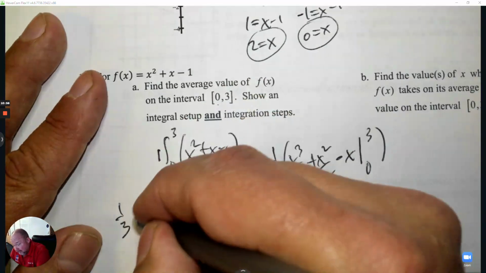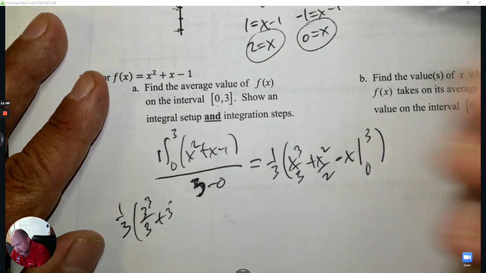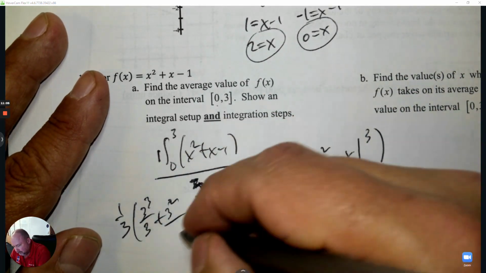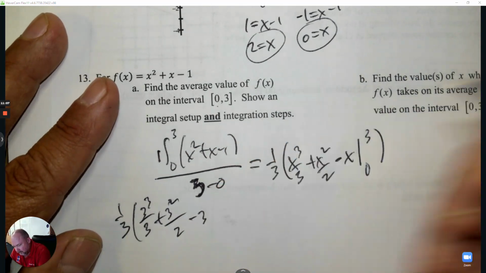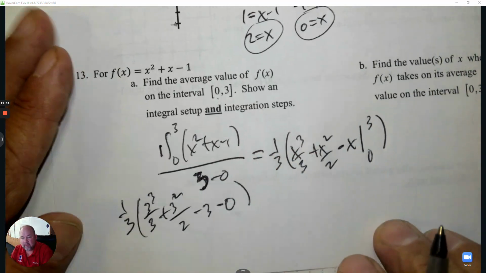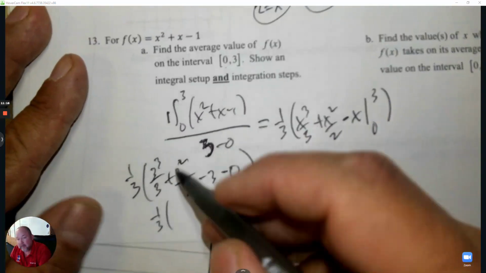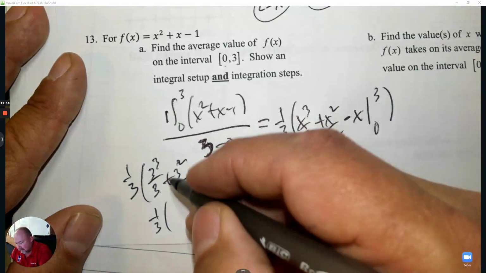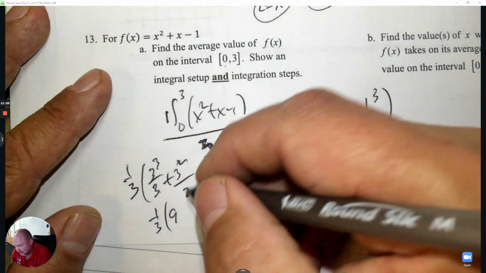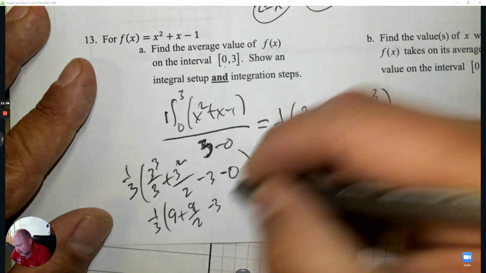I'm going to plug in 3. Subtract. When I plug in 0, the answer is 0. Alright, so we got here 27 divided by 3, that's 9. 9 divided by 2, take away 3.